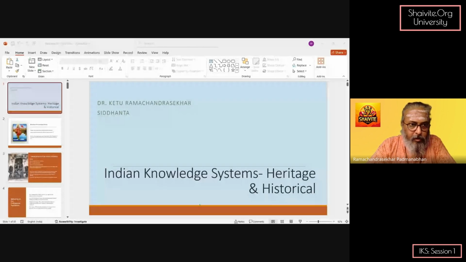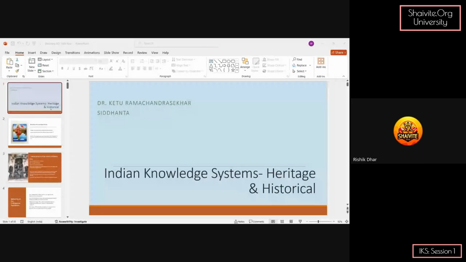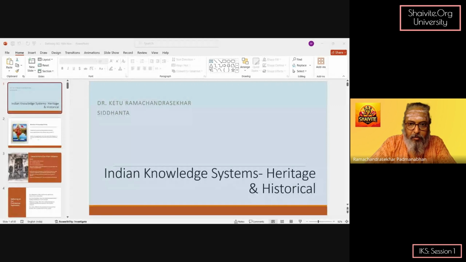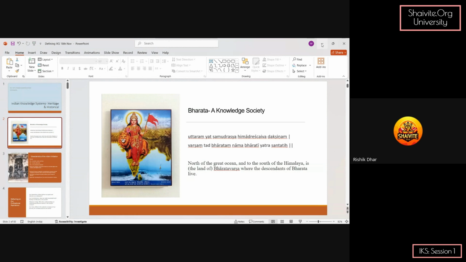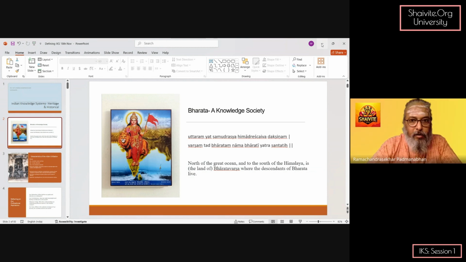I hope you are able to see my screen. Yes, we are able to see it. I'm just not able to navigate. You might want to minimize the window where you are seeing the shared screen and directly control the window that you're sharing.